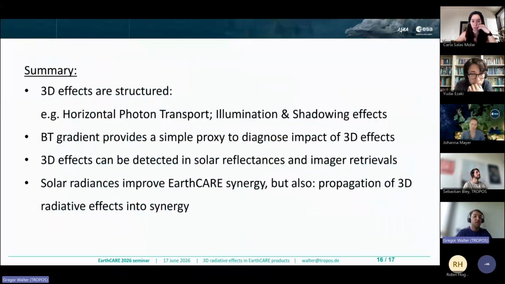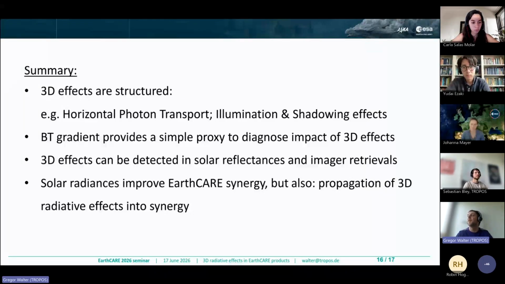In summary, we saw that 3D radiative effects are structures. We saw the horizontal photon transport and the illumination and shadowing effects, and the brightness temperature gradient provides a simple proxy to diagnose the 3D radiative effects, but cannot be used as the only proxy.